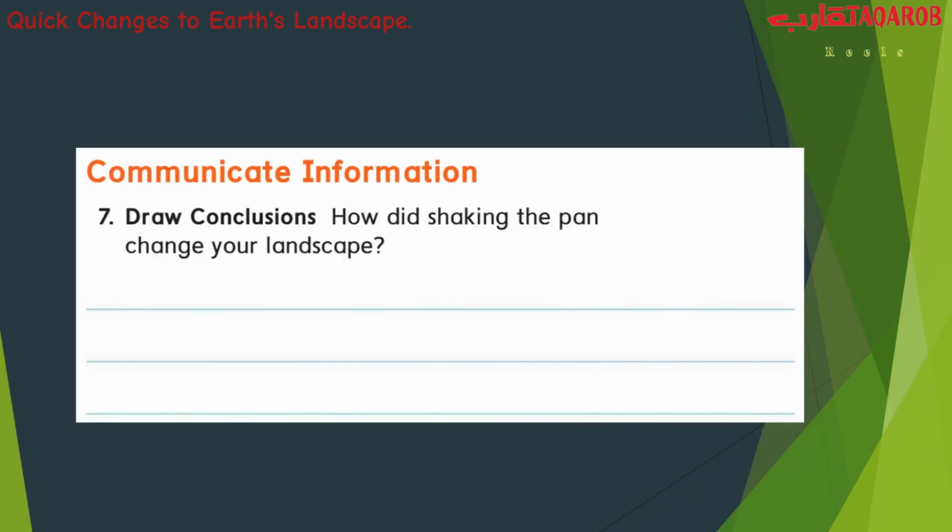Communicate information. Draw conclusions. How did shaking the pan change your landscape? Again, how did shaking the pan change your landscape? Yes, the things fell over and what? Yes, and the surface cracked.